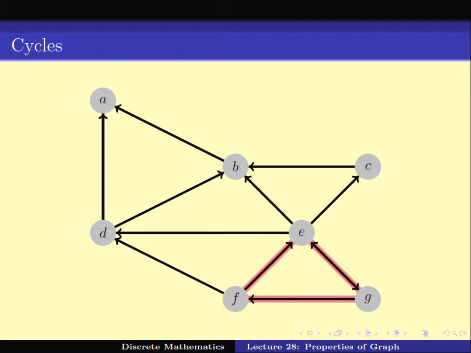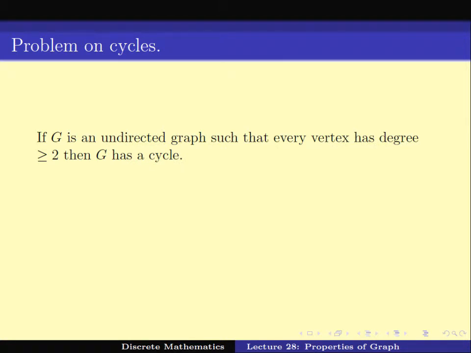So cycles are very useful concepts in graph theory. And here is one of the nice problems that we have. If G is an undirected graph such that every vertex has degree greater than or equal to 2, then G has a cycle. What does it mean for every vertex to have degree greater than or equal to 2? Meaning every vertex has 2 neighbors.